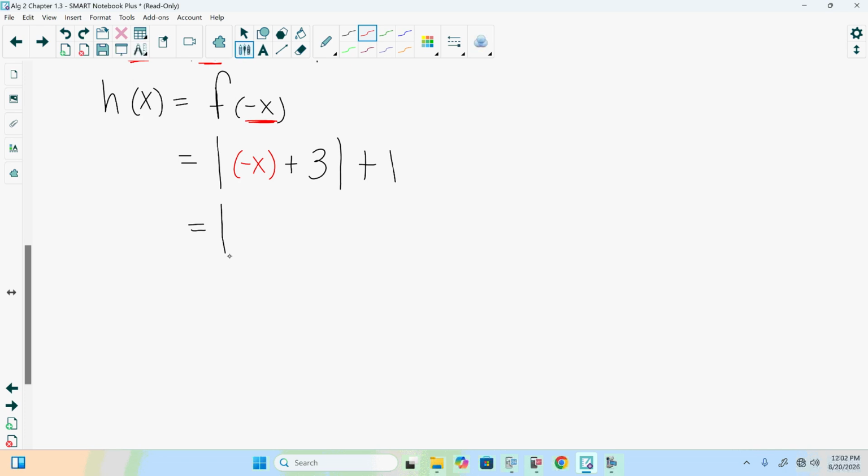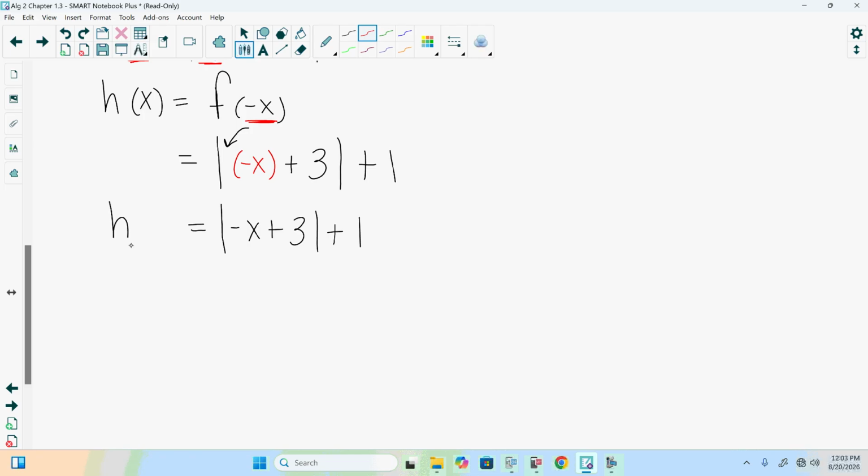And then we're going to simplify. Because there is no number or sign in front of our parentheses with the negative x, we'll just drop them, and it will give us the absolute value of negative x plus 3, plus 1. There are no like terms, because we can't take the positive 3 out of the absolute value, and we can't put the positive 1 into it.